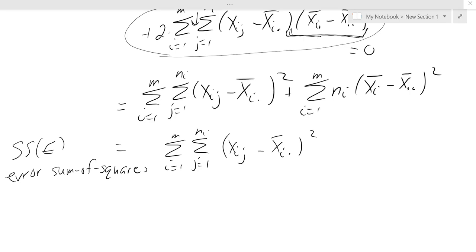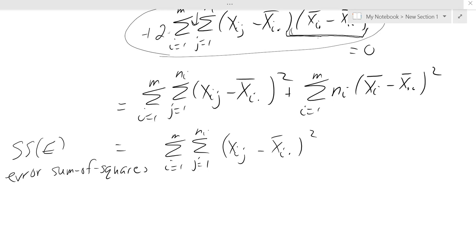Well, you're looking at the deviations of each individual term from the sample means in that particular category. Or for some reason they like the word treatment. I don't know why they like the word treatment, but they use it for the groups. Groups, categories, strata, whatever you want to use. Treatments is my least favorite word of all of those. Okay?